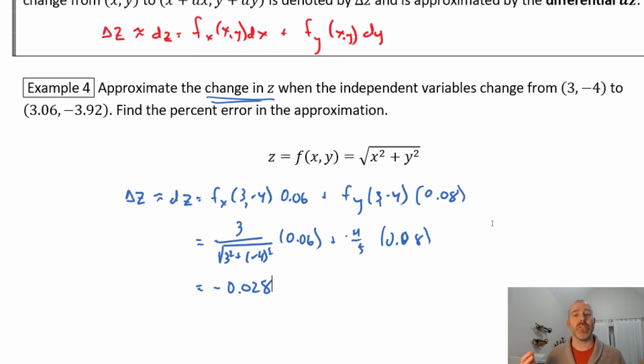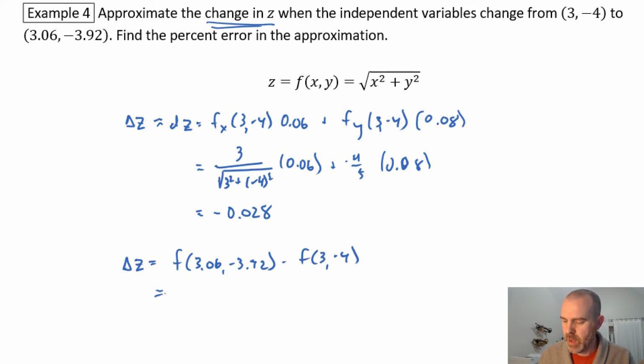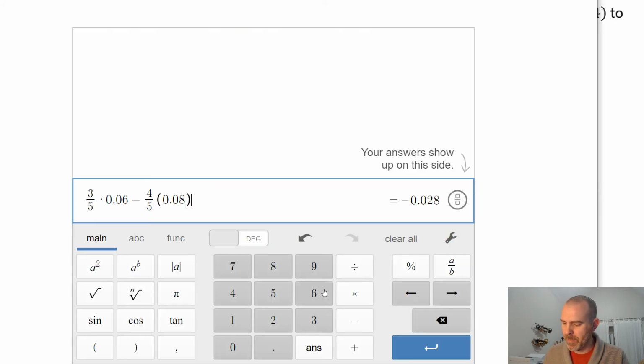Let's, for the sake of comparison, find the actual change in the function. So delta z will be exactly equal to f at (3.06, -3.92) minus f at (3, -4).